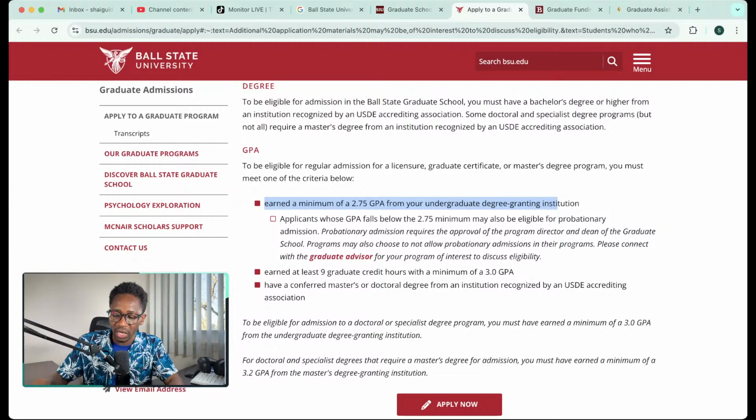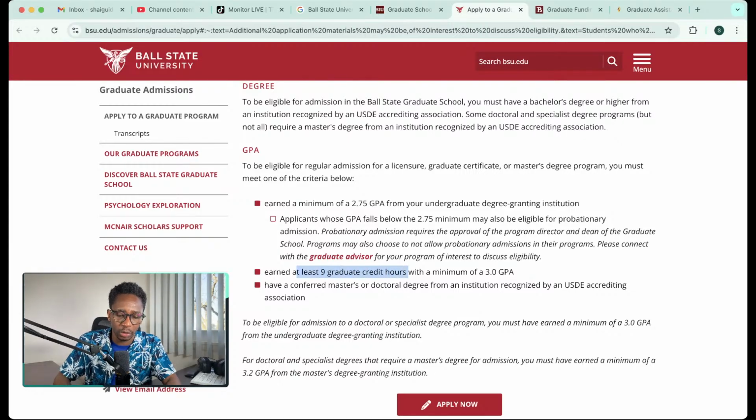What they are saying is that either your undergraduate degree had a minimum GPA of 2.75, or you have a minimum GPA of 3.0 in at least nine graduate credit hours.